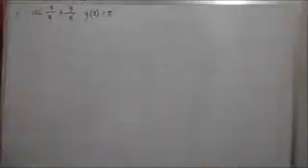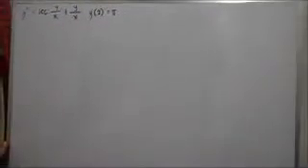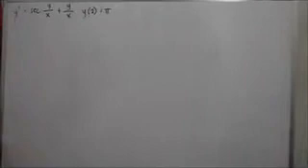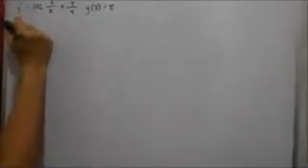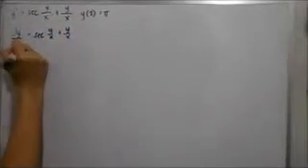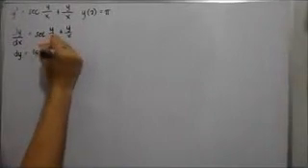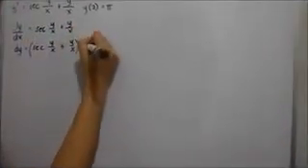Our second given equation is y prime equals secant of y over x plus y over x, where y is equal to pi and x is equal to 2. So y prime is equal to dy over dx equals secant of y over x plus y over x. Then transpose dx to the right, so dy is equal to secant of y over x plus y over x times dx.